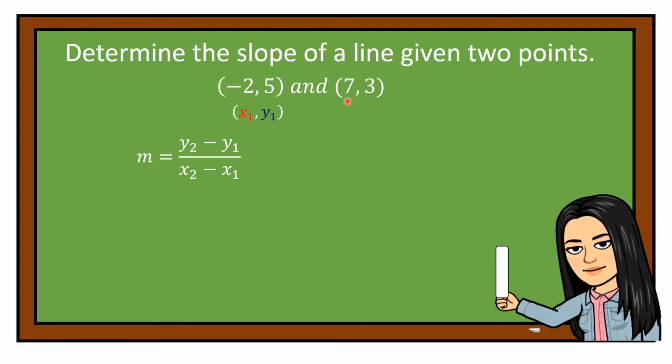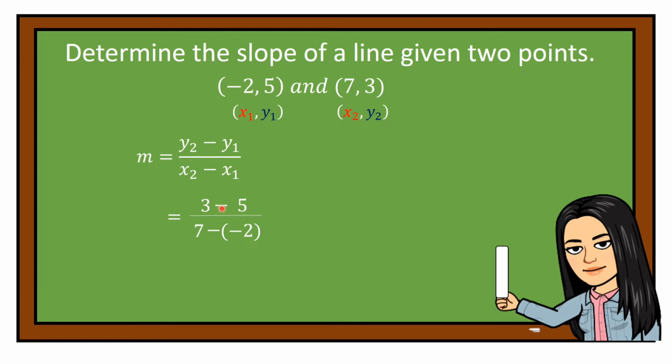And then second ordered pair will be our x sub 2, y sub 2. So, that would be equal to, ano ang ating y sub 2? So, we have here positive 3 minus, ano ang ating y sub 1? So, we have here positive 5 over x sub 2 is positive 7 minus our x sub 1 is negative 2.